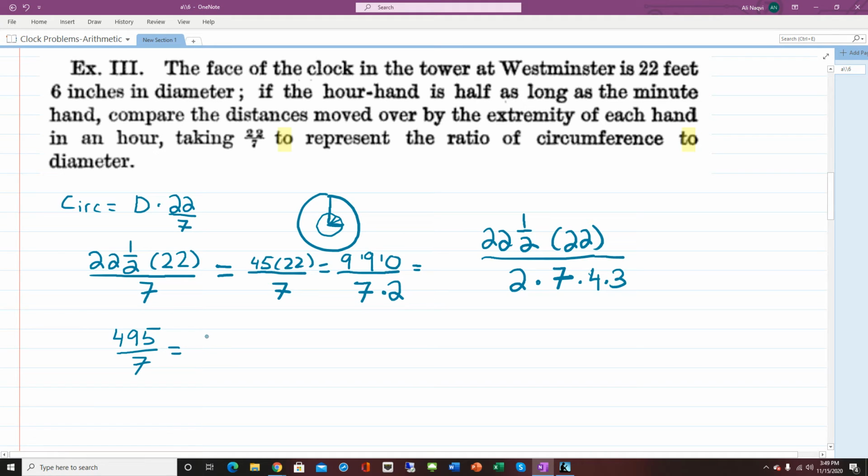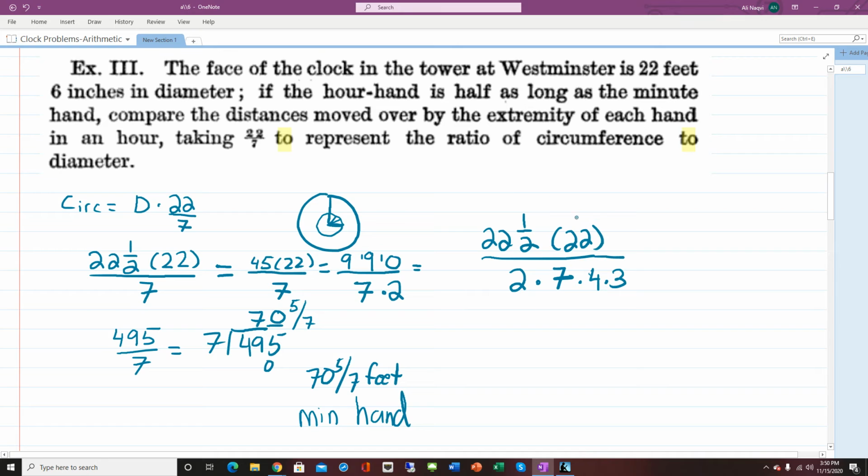So that's going to be, we can short divide it. 7 goes into 5 0 times. Remainder of 5. So it goes 70 5/7 feet. That's how much the distance moved over by the extremity of the minute hand.